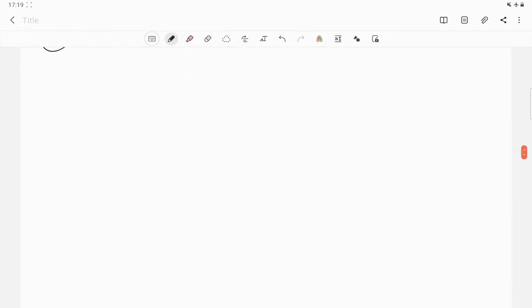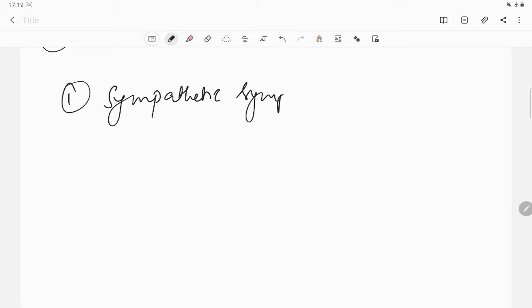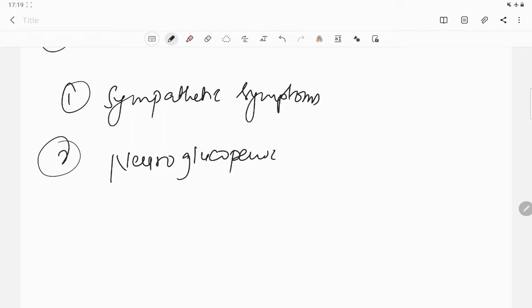So the symptoms of hypoglycemia caused by insulin can be divided into two parts: sympathetic system symptoms and neuroglucopenic symptoms.